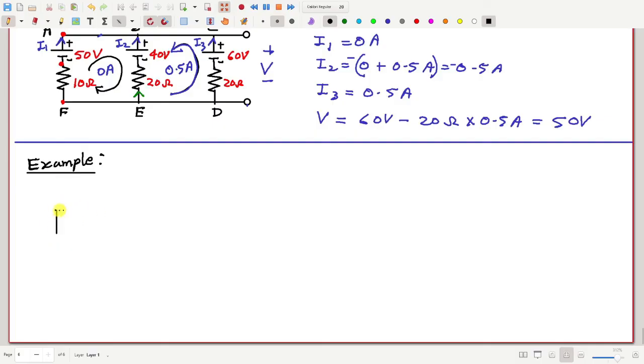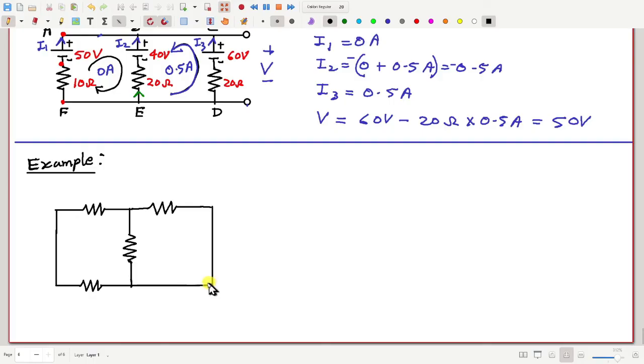So let me ask a simple question. Here we have a current source, and the task is to solve this circuit.